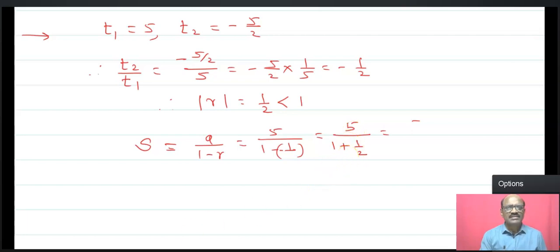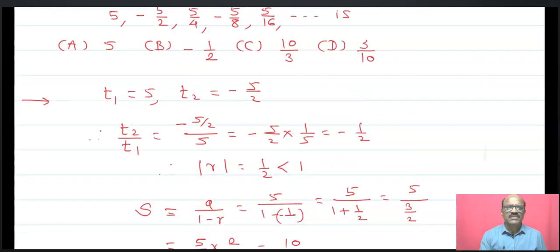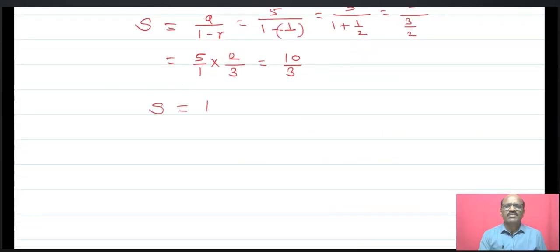Then multiplying by the reciprocal, you will get 5 upon 1 into 2 upon 3, that is 10 upon 3. Now we will see the correct answer, which is S is equal to 10 upon 3. That is, C option is the correct one here.